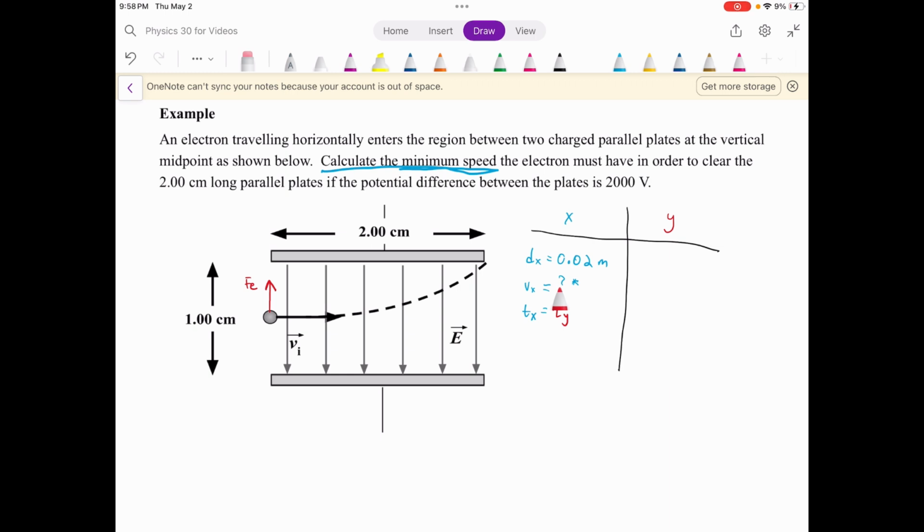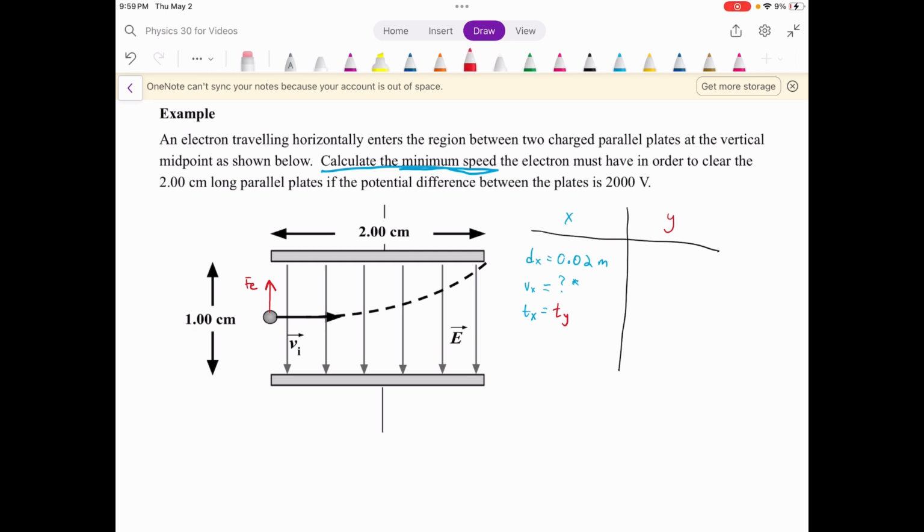Your response would be, well, how long did it take you, right? So same idea. The x-axis right now, we do not have enough information. But maybe in the y-axis, we'll be able to find the time. If we can find the time it would take for the electron to move vertically from here to here, well then, hey, whatever time it took to do that is going to be, for this situation, the same time it took to do this horizontally.